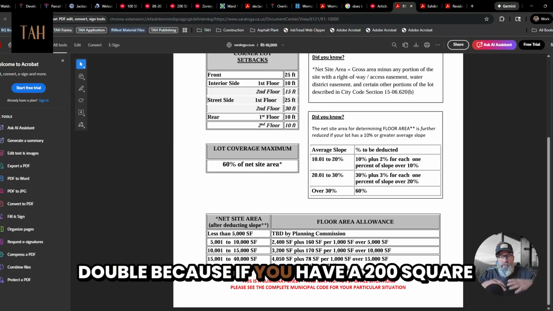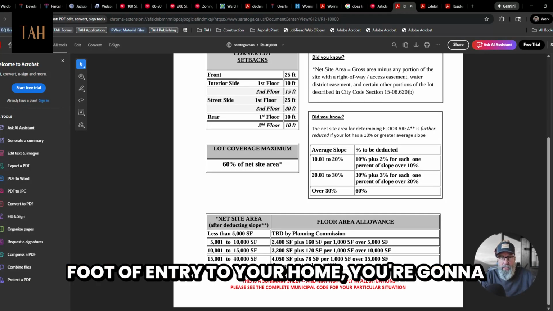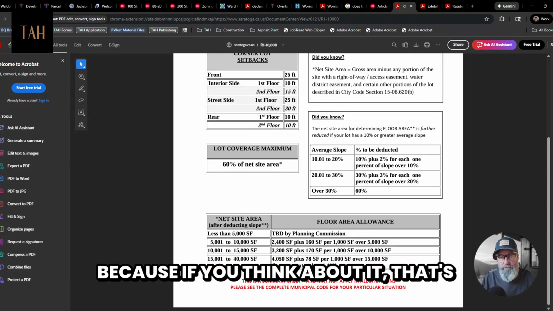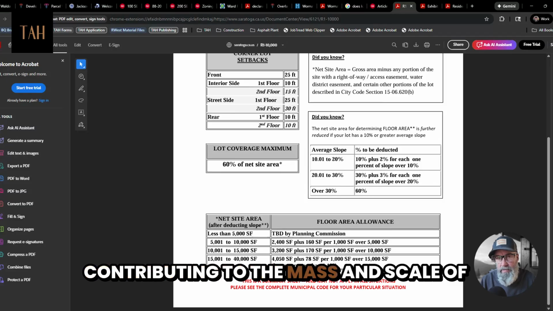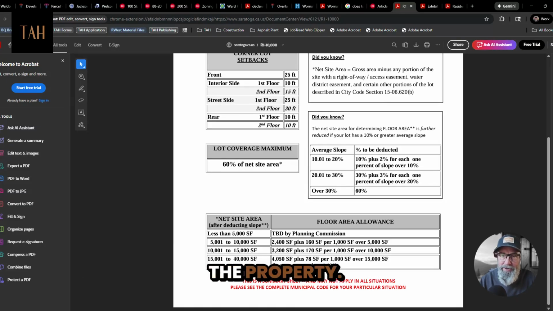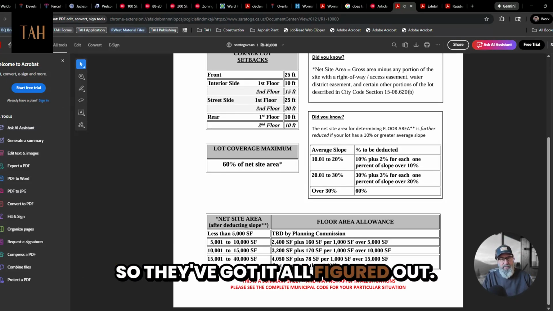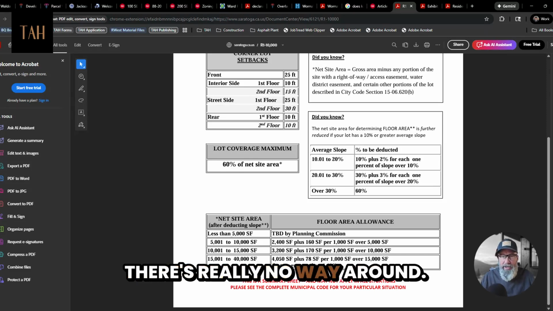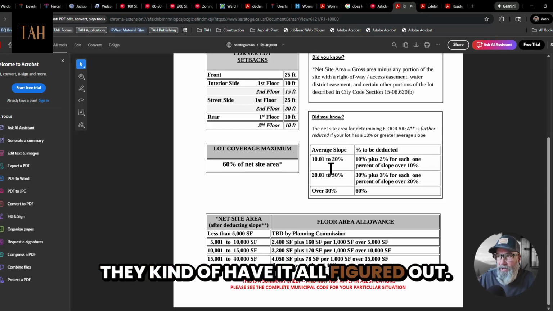If you have a 200 square foot entry to your home, you're going to have to count it as 400 square feet, because if you think about it, that's contributing to the mass and scale of the property. So they've got it all figured out. It's kind of like the IRS. There's really no way around it. They have it all figured out.